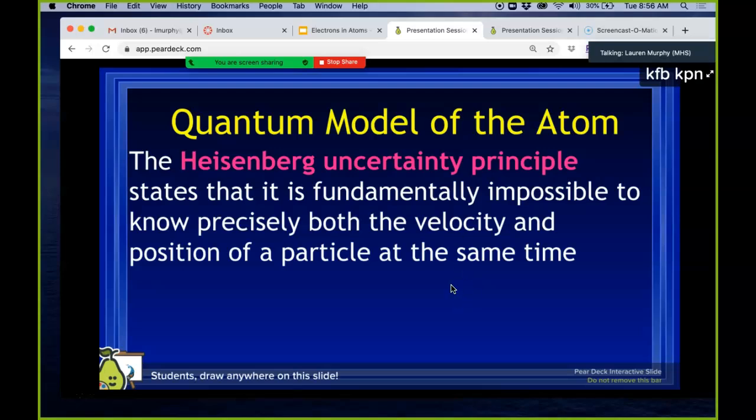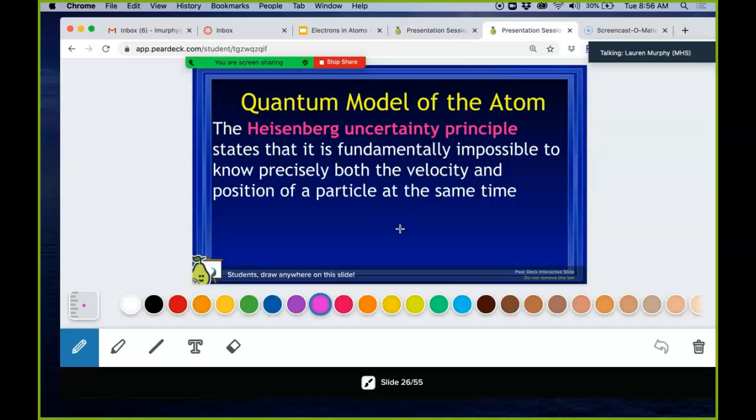Like you can't know both because the second you would find it, it would move, right? So this idea of the Bohr model, like right with these just like rings around the nucleus, where these electrons were just in fixed positions, became outdated.